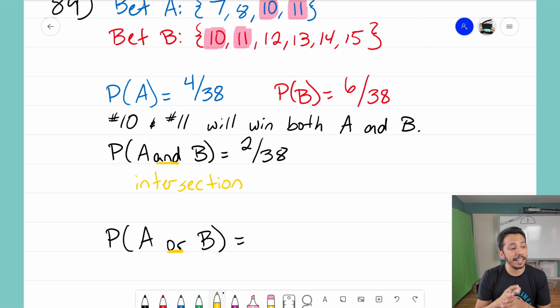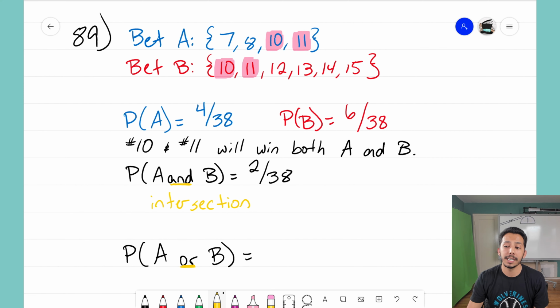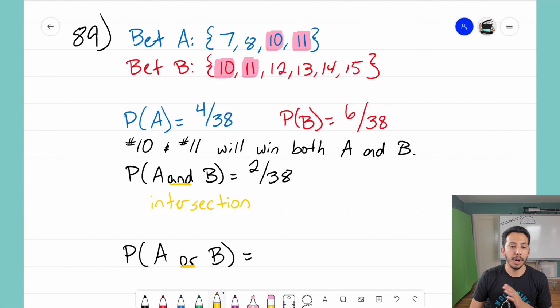For the probability of A or B, I'm saying I want him just to win either. He can win A or he can win B. Go ahead and write out in chat what you think might be that answer. What do you think might be the fraction for him winning A or him winning B? It's not going to be both. What do we think?